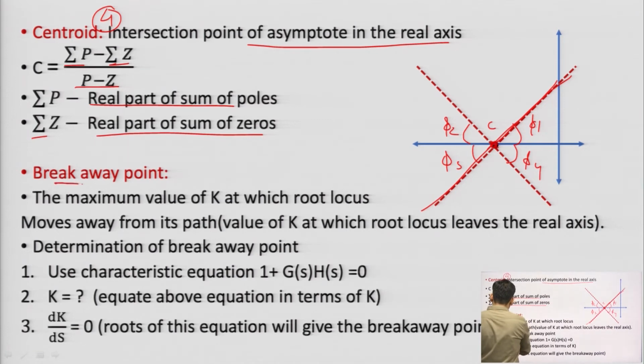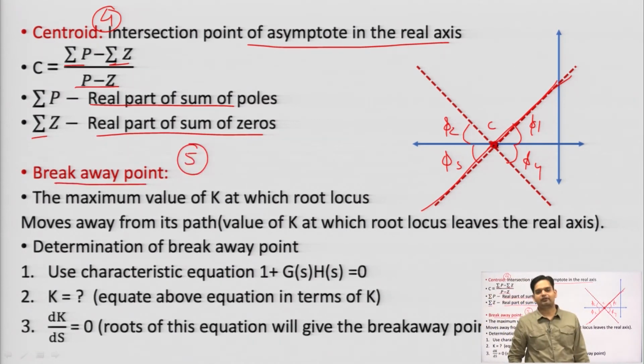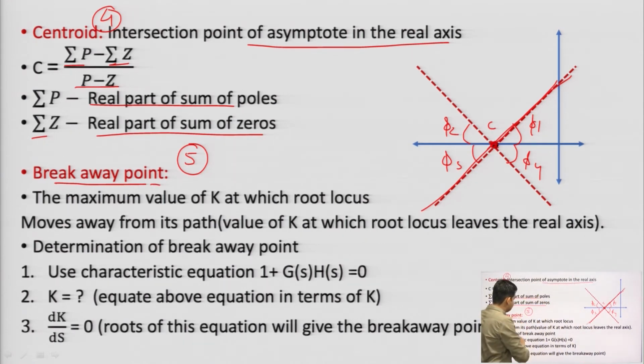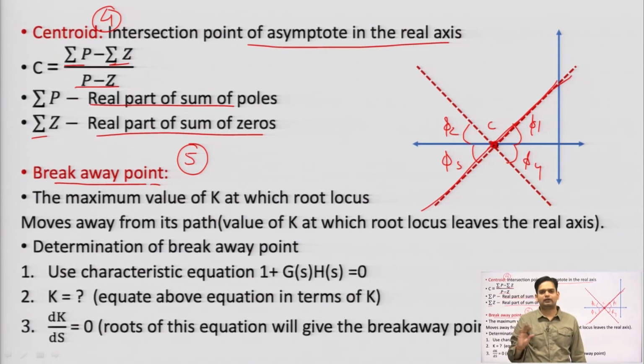Now, come to the next step, step number 5, calculation of the breakaway point. So, what is the breakaway point? Whenever two poles are overlapping.